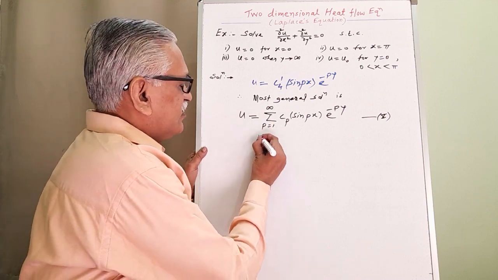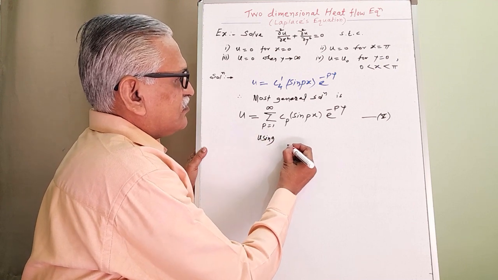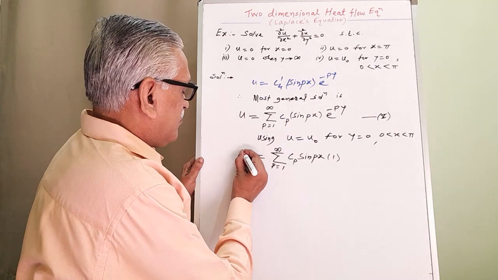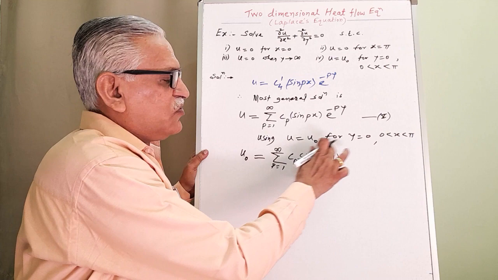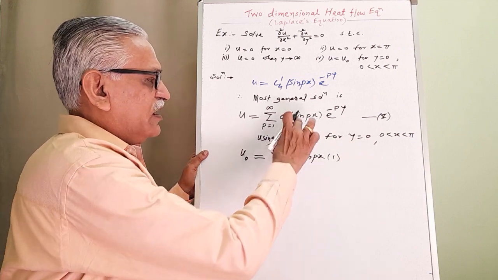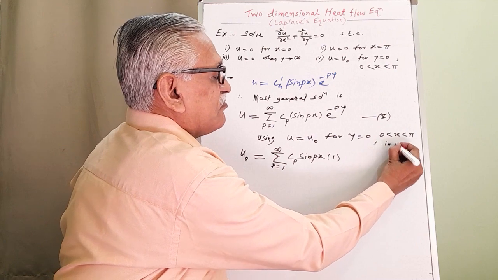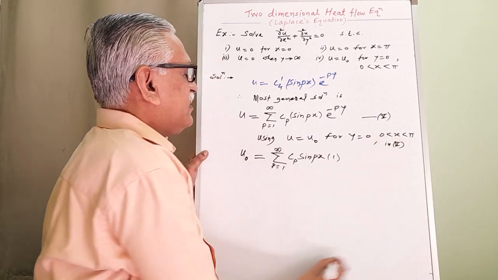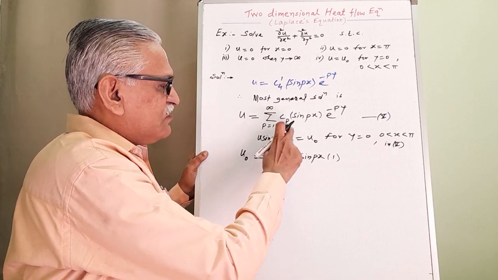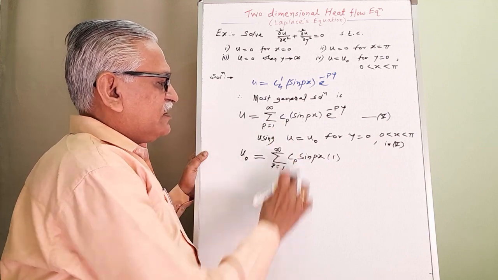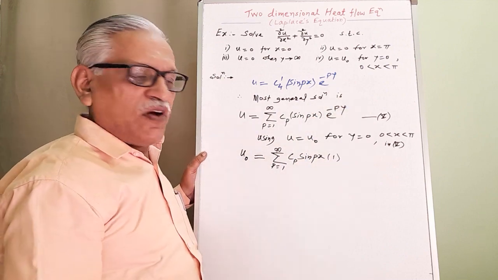And then using condition number 4, substituting the condition u equal to u0 for y equal to 0 in equation 5, we get left hand side as u0, right hand side as summation from p equals 1 to infinity cp sine of px e raised to 0, e raised to 0 is 1.